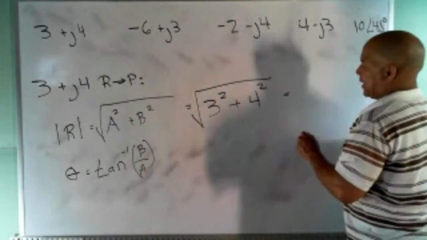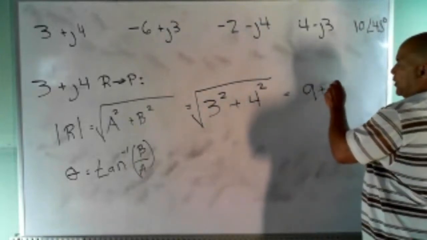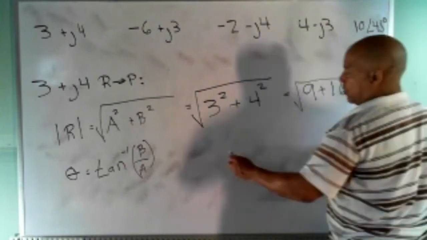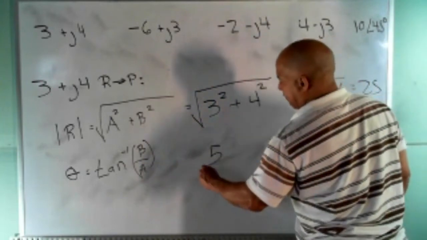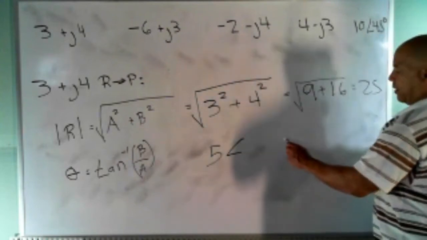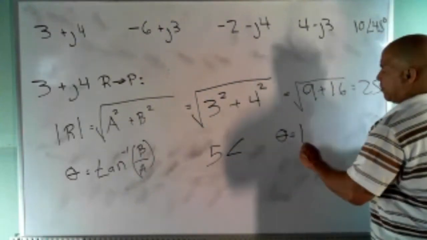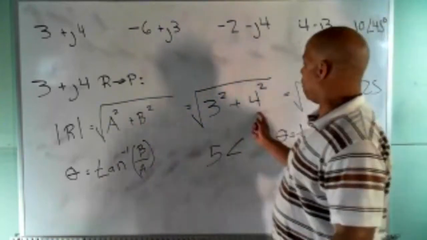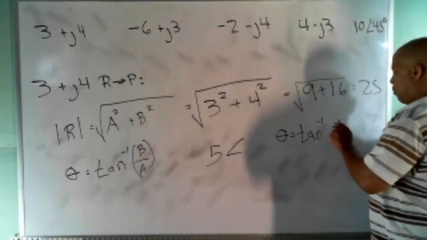That gives me 9 plus 16, which is 25. So the square root of that will be 5. And I got to get the angle. The angle is going to be the inverse tangent of B over A, so 4 over 3.